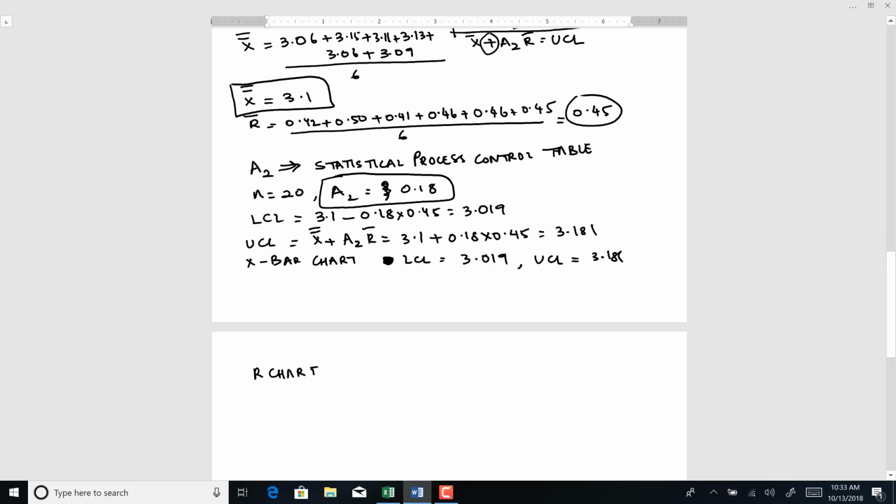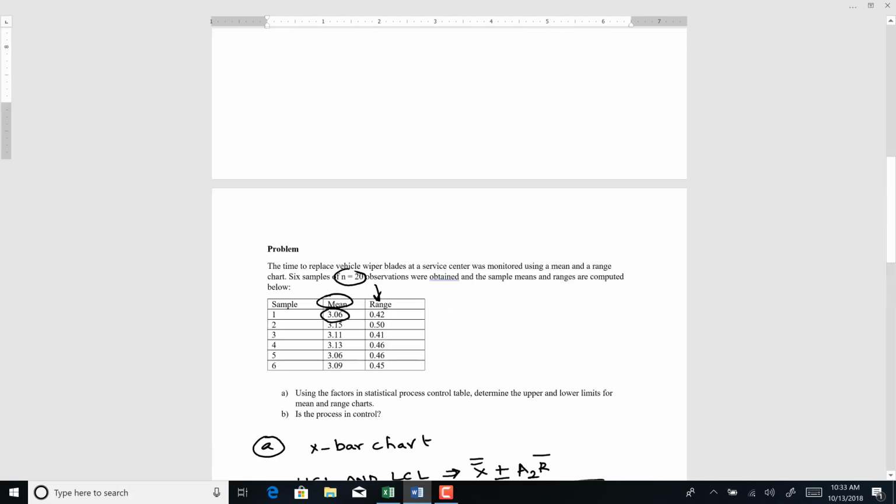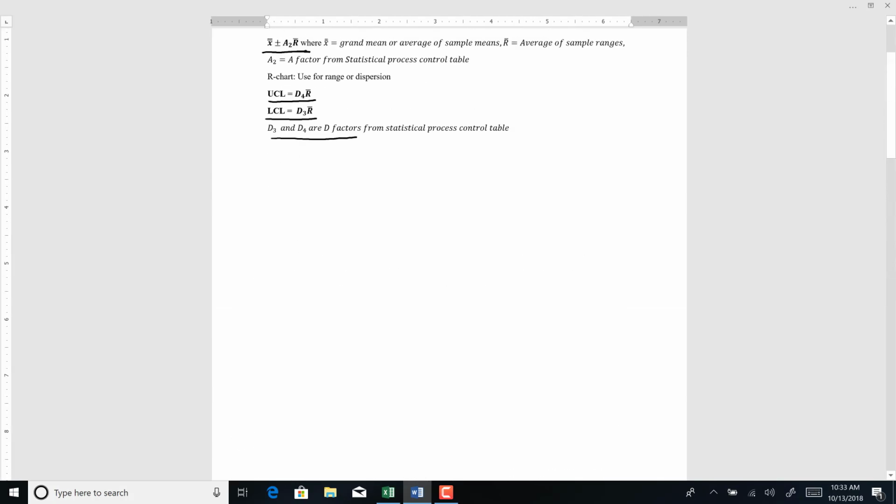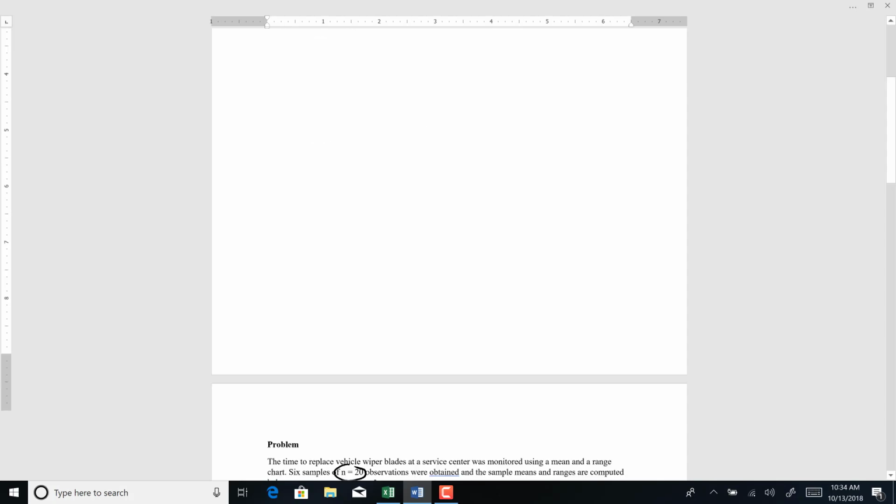For the R chart, the upper control limit is D4 R bar and the lower control limit is D3 R bar.